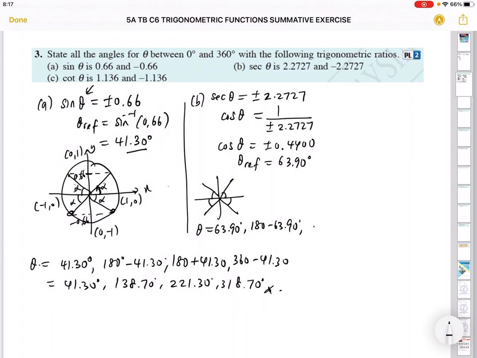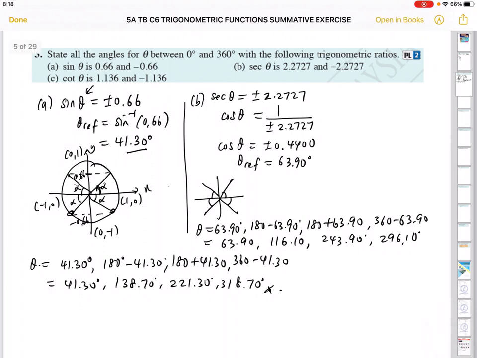Quadrant 3 is 180 plus 63.90. And quadrant 4 is 360 minus 63.90. That will give us first answer 63.90, second answer 116.10, third answer 243.90, last answer 296.10.